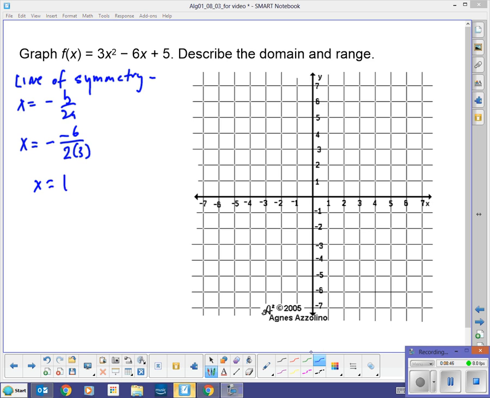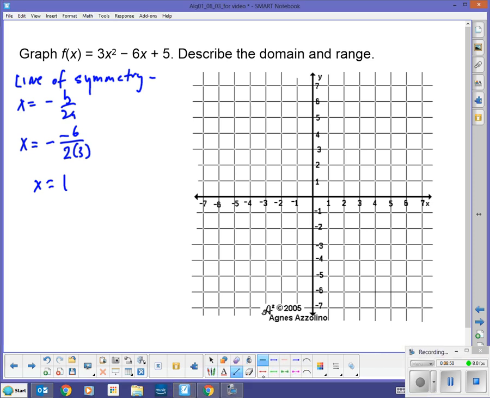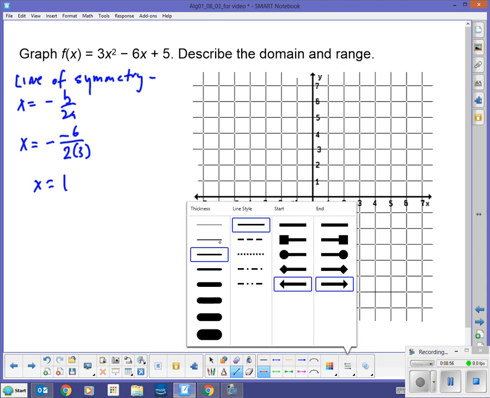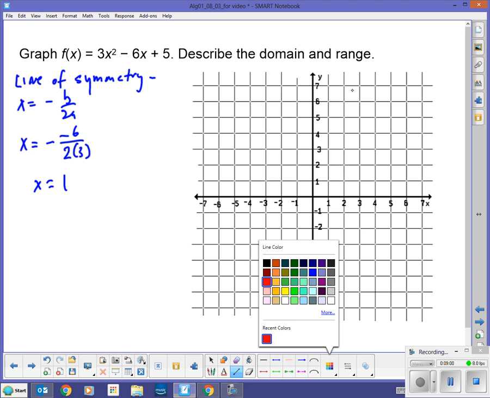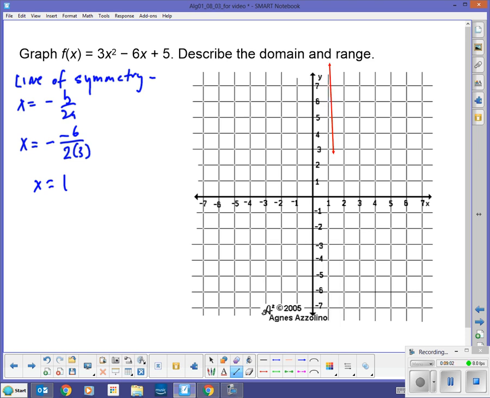Okay, so this is a positive 1, and it's going to look something like this. Positive 1. It's close enough.